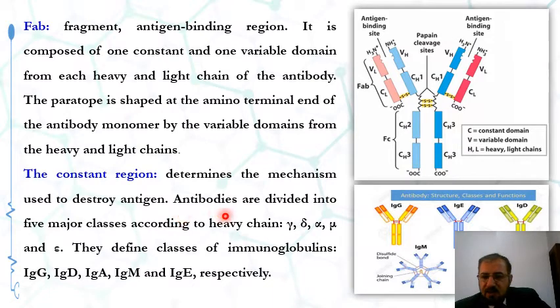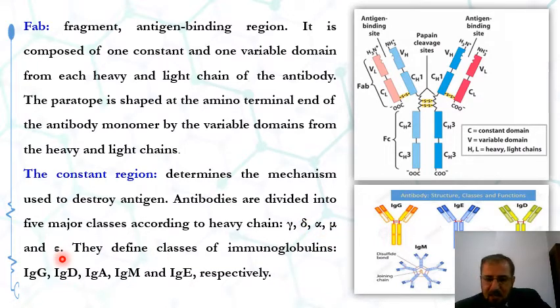Actually, antibodies are divided into 5 major classes depending on the types of heavy chains. So according to the type of heavy chains, there are 5 classes of antibodies. These are gamma, delta, alpha, mu, and epsilon.